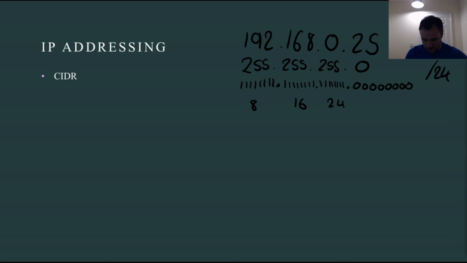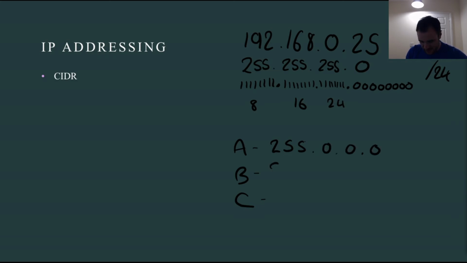So just going back to class A, B and C and subnet masks, they have default subnet masks, default ranges and default usable IP addresses. So a class A subnet mask is 255.0.0.0.